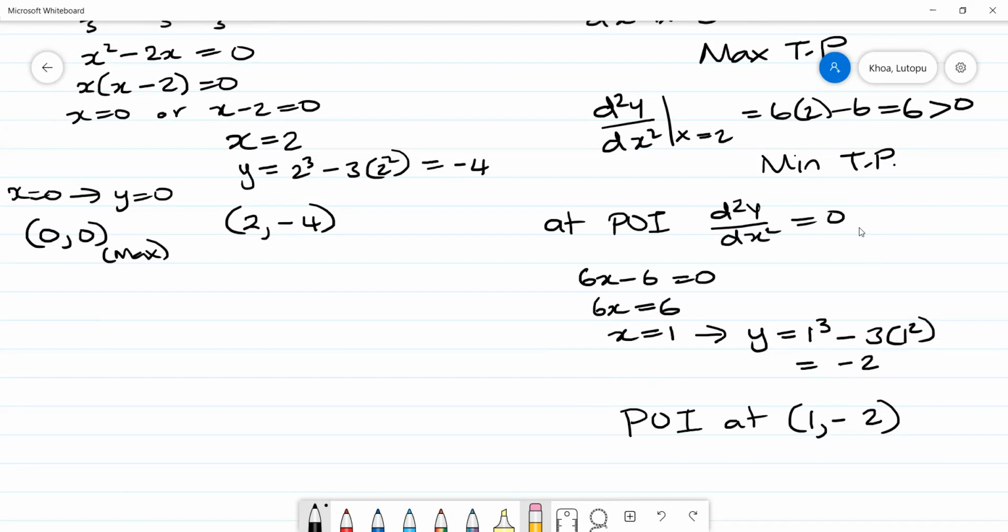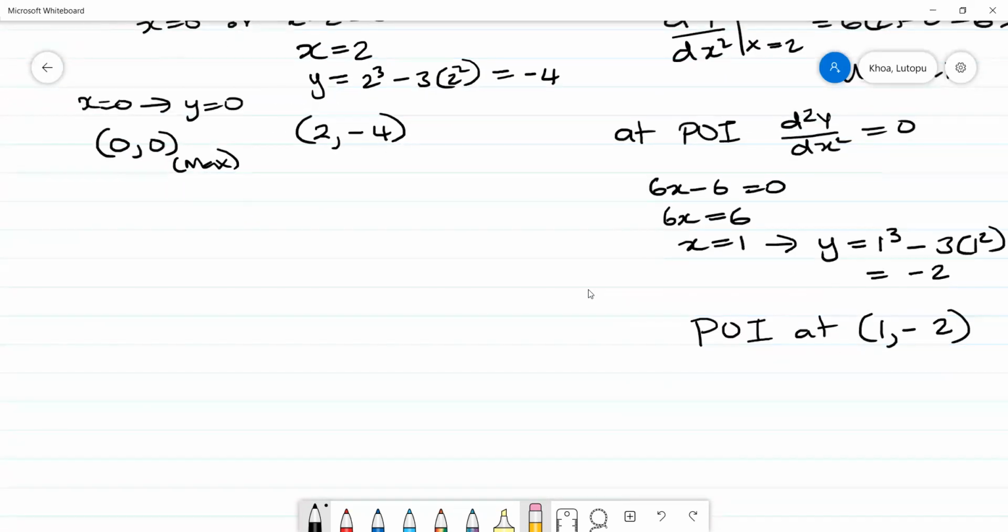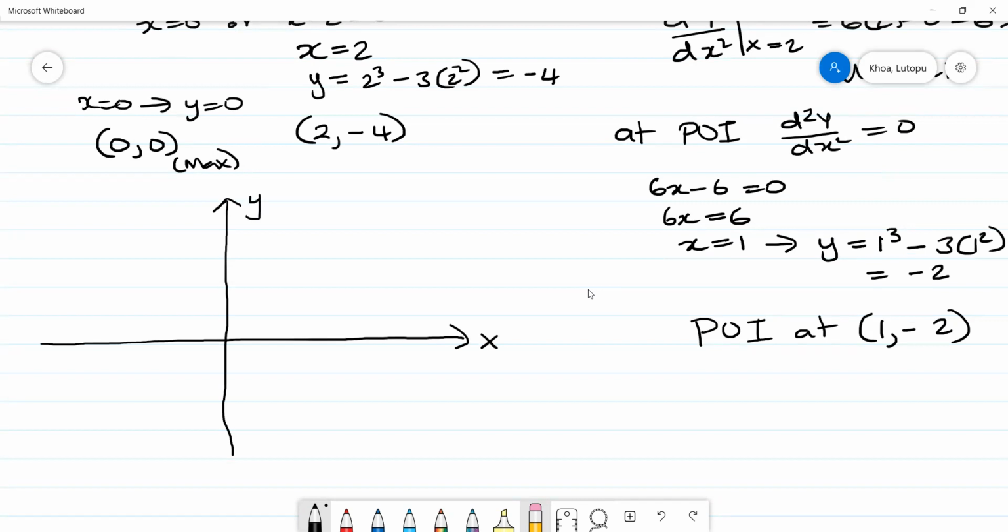So now that we have all our critical points, we sketch. Remember with the sketch, we said you want to see the x and the y-axis. These must be clearly labeled. Then you plot your points. First, I have the origin here, which is a maximum.